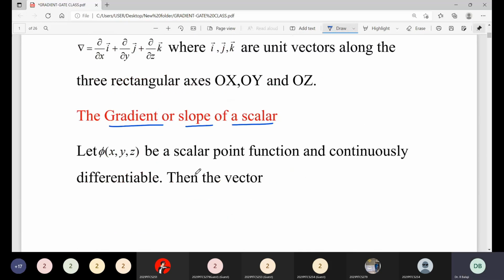Now, the gradient or slope of a scalar. Let φ(x, y, z) be a scalar point function, continuously differentiable.